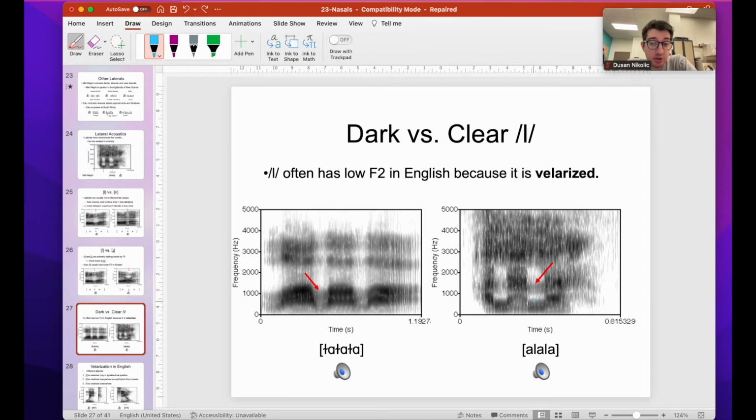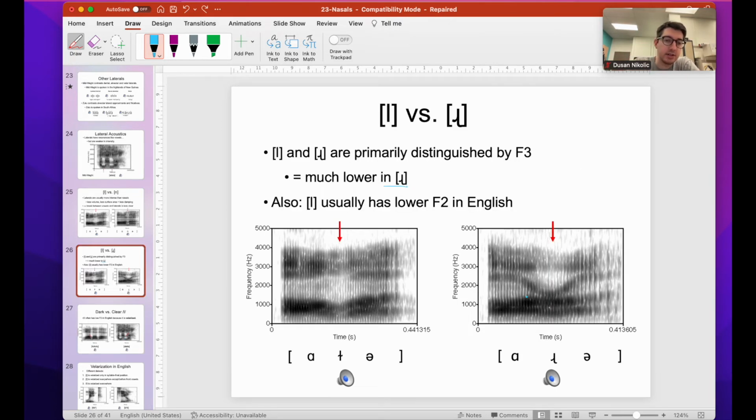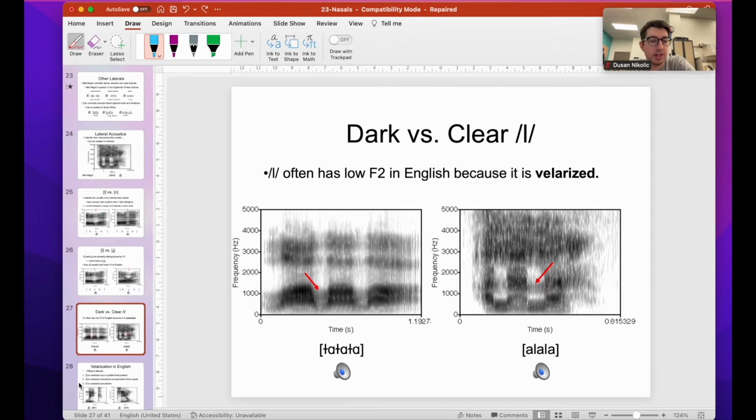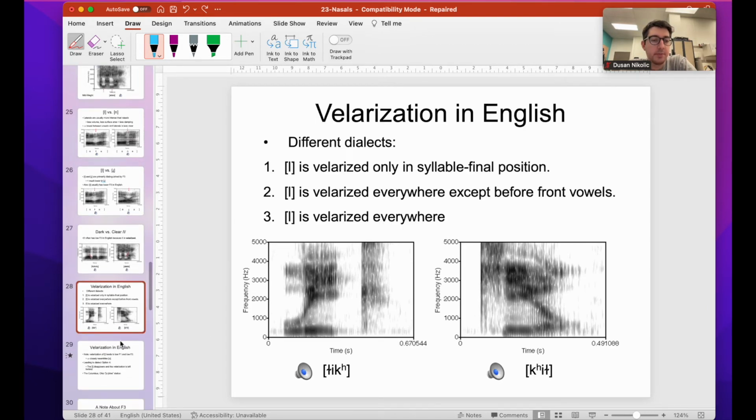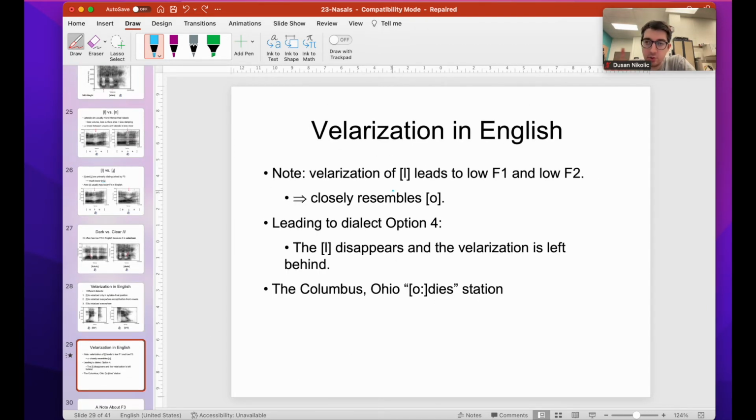Here the transition is also not so abrupt, but we have kind of traces of this transition that is curvy, right? And that's important to take a look at. All right. Velarization in English, note, leads to low F1 and low F2, and it closely resembles O sometimes. So you're getting towards the high back vowel, O, right?